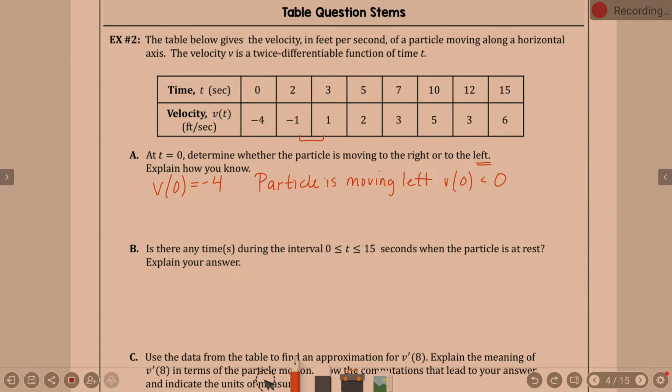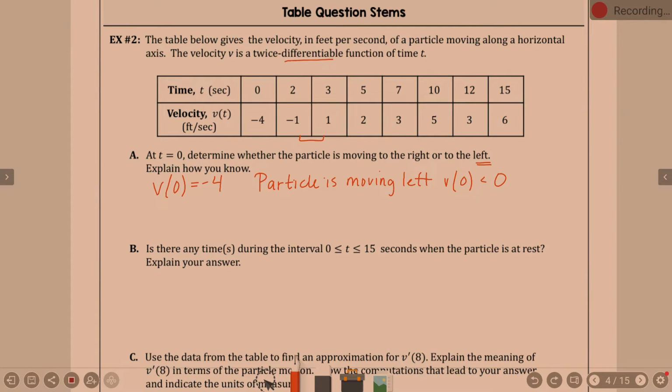In order to assume that that 0 is there, what do we have to key in on? This function has to be continuous. Is this function continuous? Isn't velocity continuous? There's nothing that says velocity has to be continuous. I get what you're saying, but mathematically, what makes this function continuous?